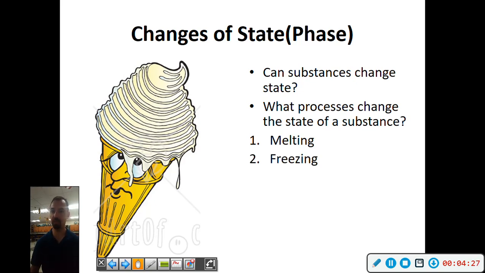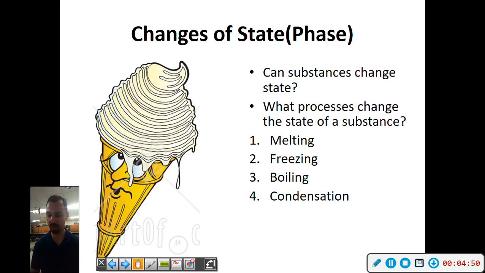Freezing, on the other hand, you're doing the reverse. You put something in the freezer, you're taking the heat out of the object and cooling it down to below freezing point. Boiling, again, you're heating the object up to raise its temperature, and obviously it's turning from a liquid to a gas. Condensation is the reverse.